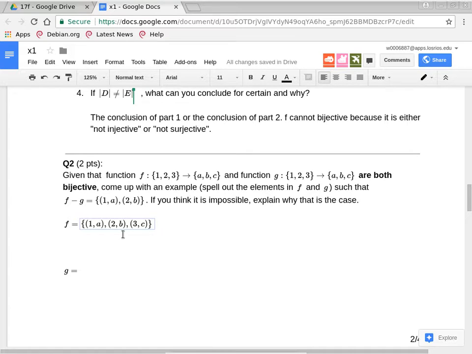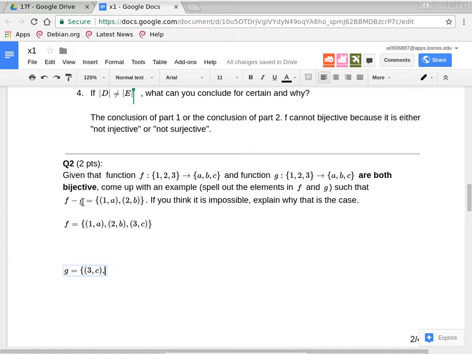Is that okay? All right. Now, when we look at G, we know that G does not have 1A, it does not have 2B, and we also know that it cannot have 3C. Well, it must have 3C, because otherwise 3C will show up as part of the difference as well.